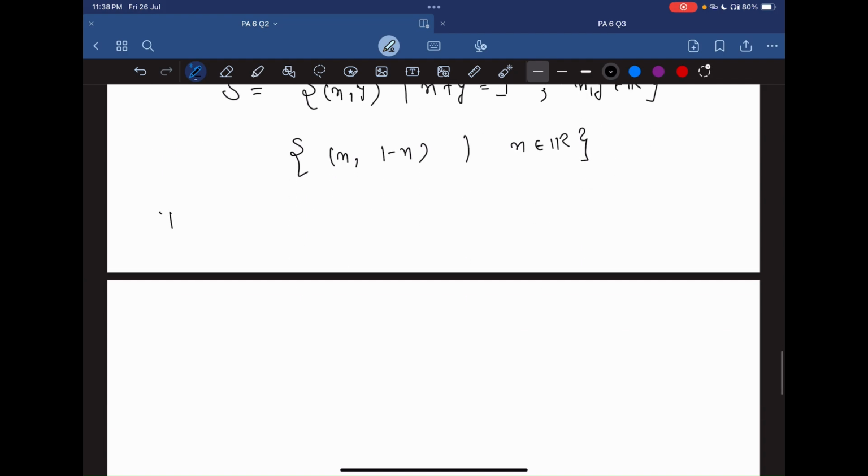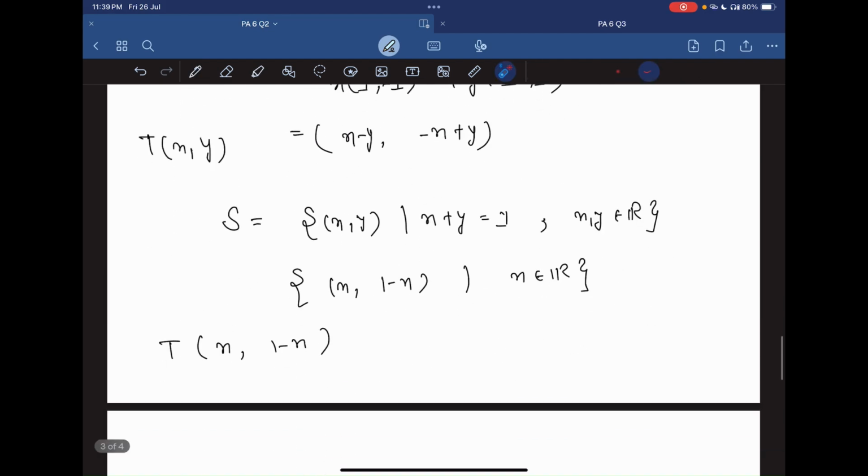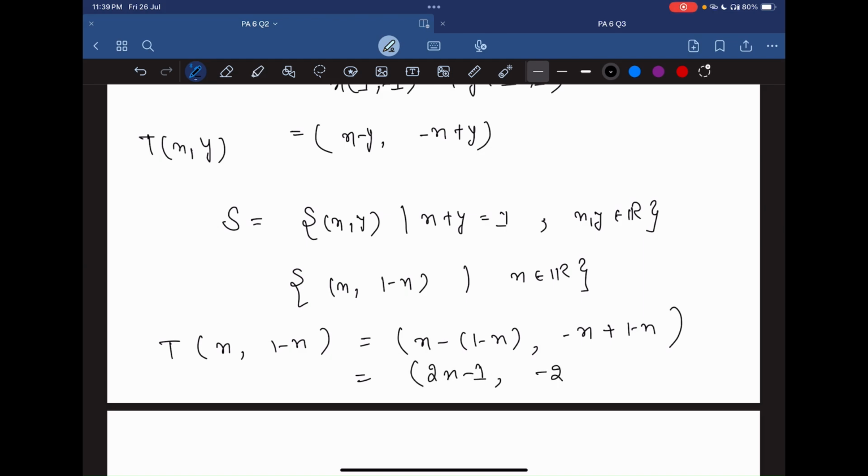So we have to check T of (x, 1 minus x). Given the definition of our linear transformation, we will plug in these values where our x is just x and the y value is 1 minus x. So let's plug these values: (x minus (1 minus x), minus x plus (1 minus x)). So this gets us (2x minus 1, minus 2x plus 1).